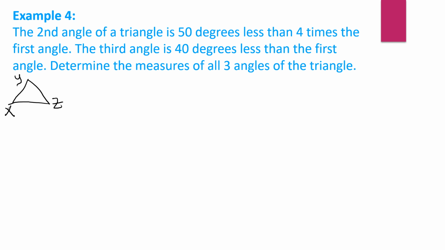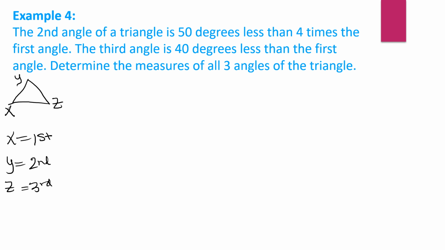Okay, so I need to label X to be my first angle, Y to represent my second angle, and Z to represent my third angle. Okay, so that's just getting me kind of set up. Now I can go back and work sentence by sentence in order to get the linear equation so I can create my matrix equations and solve.